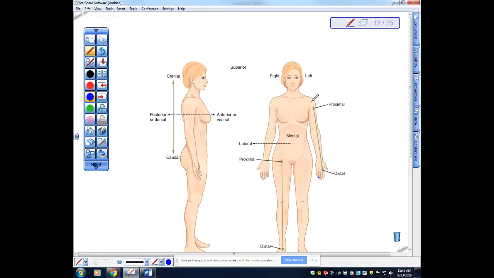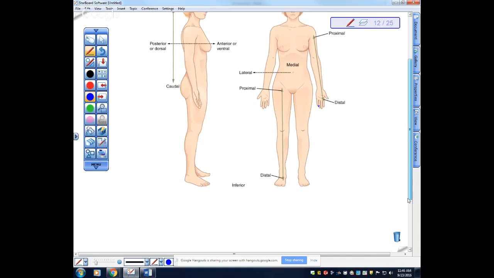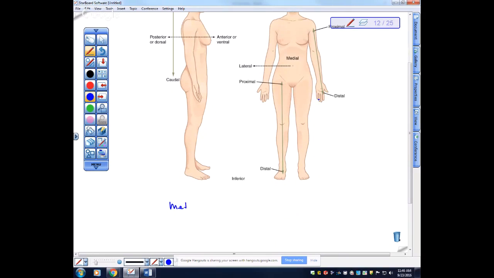Proximal to the elbow would be the shoulder. We have anterior, posterior, cranial, caudal, above, below. They don't have that one on there. Medial is towards the center. And lateral is towards the side.